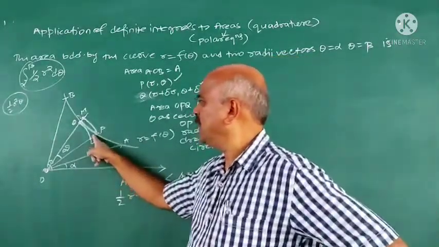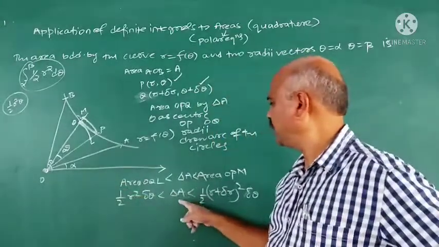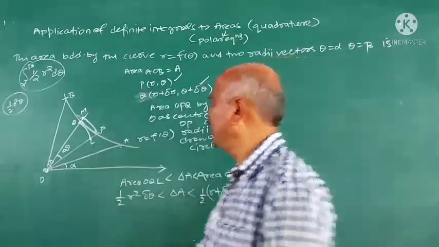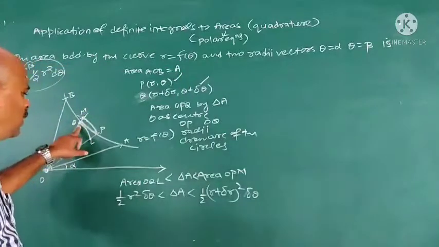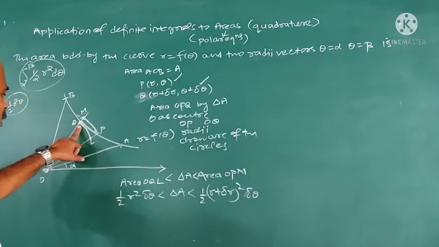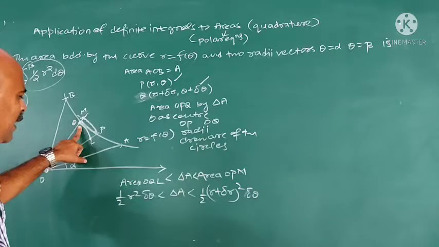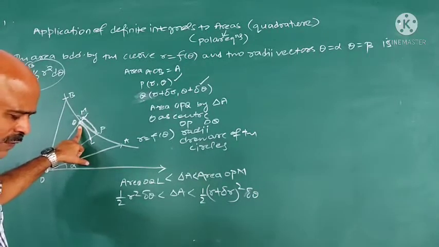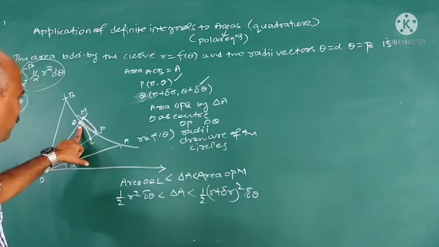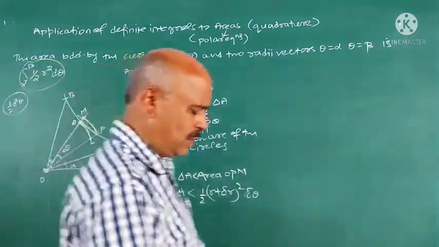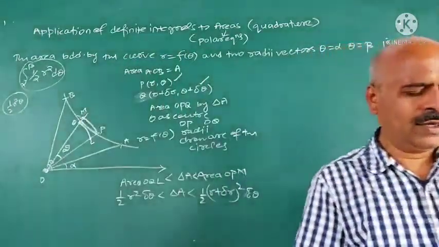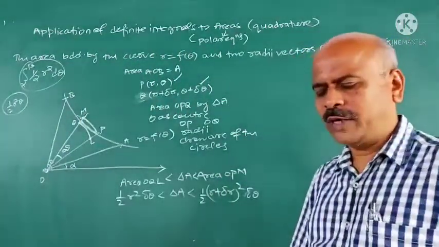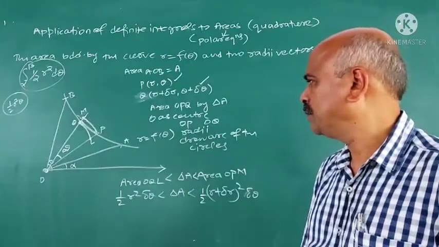For outer sector, radius is OP. Am I correct here? Delta A is greater than half r square delta theta, and less than half (r plus delta r) whole square delta theta. Correct? Yes.